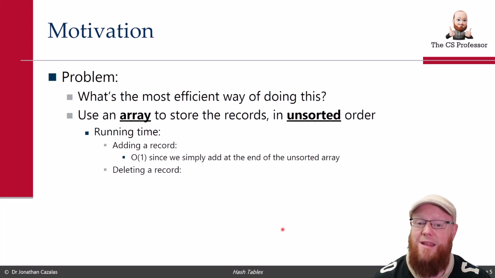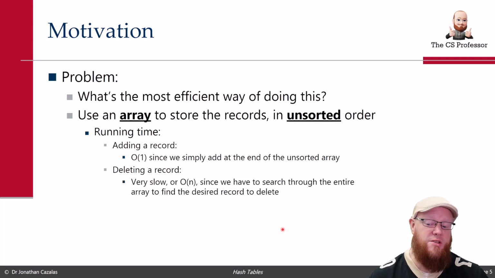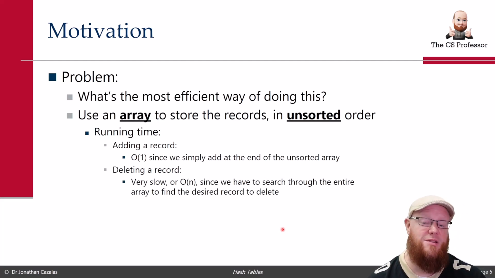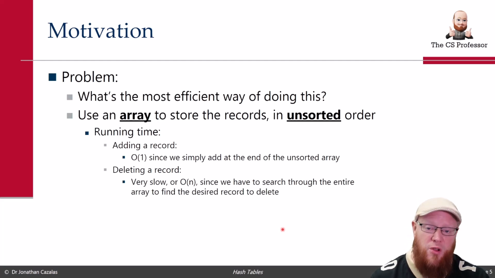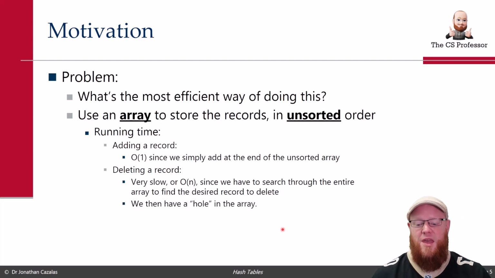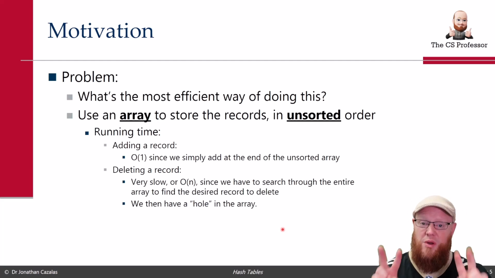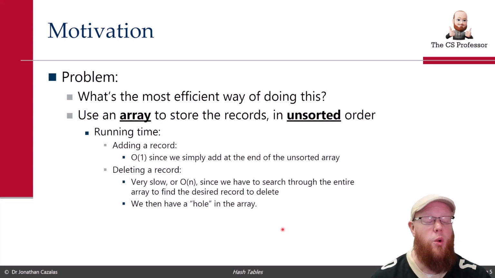What about deleting a record from this array? Well, it's unsorted. So we need to first go find it, which means looping over the entirety of the array, or at least over the n values in the array. That's an O of n search, looping over, trying to identify, are you the one we want to delete? And when we finally find that person, we're going to delete them, but now we're going to have a hole in the array. How do we fix that hole?